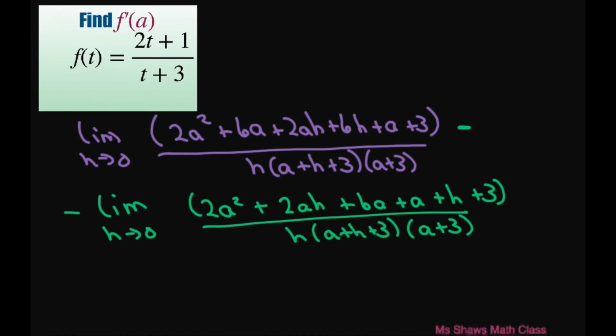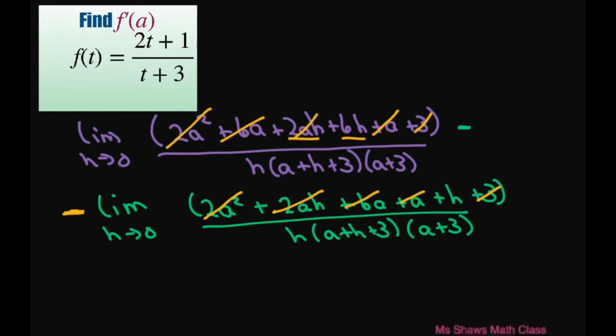All right, so let's see what we get. We simplify all this. Since we have this minus here, these two will cancel. The 6a's will cancel. The a's will cancel. The 3's will cancel. The only thing that doesn't cancel is terms with h in them. So we have basically 2ah. These two cancel as well.